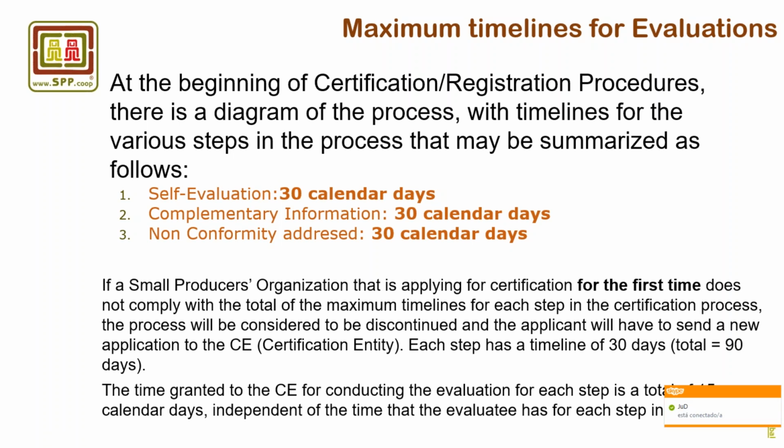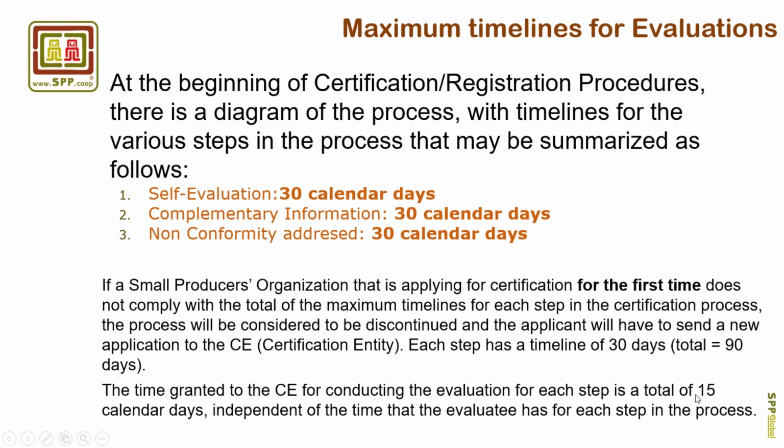In number 2, complementary information, 30 calendar days, and non-conformities addressed, in case there are non-conformities. In total, they are 90 days. The time granted to the certification entity for conducting the evaluation for each step is a total of 15 calendar days, independent of the time that the evaluatee has for each step in the process.